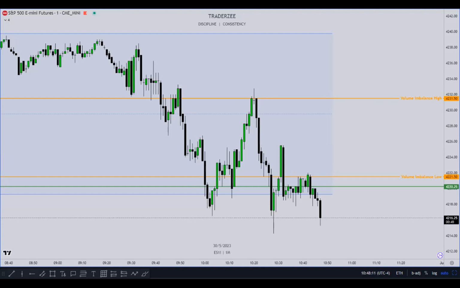NASDAQ is still chopping. Lower low in ES, not a lower low in NASDAQ. Still chopping down.